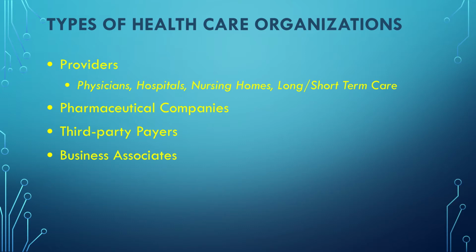So includes physicians, hospitals, nursing homes, long and short-term care facilities, and others. But this category also includes pharmaceutical companies, third party payers, and business associates because they all participate and are necessary for the proper delivery of care.